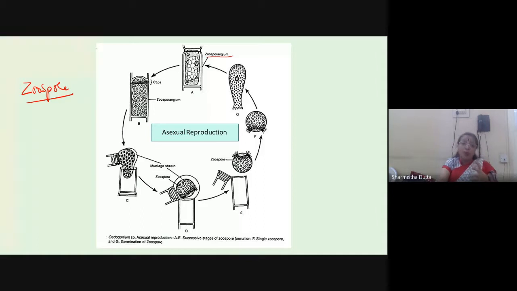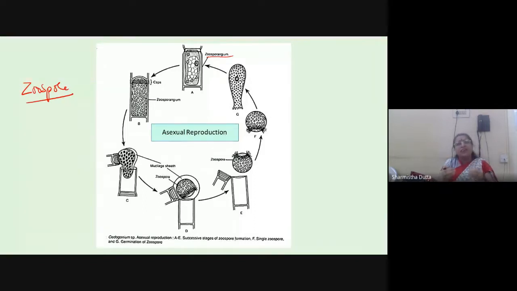How does it form? You should understand that it is a simple filamentous alga. But all this information is present in the nucleus, in the nuclear region, in the DNA. All this information: which cell has to form a zoosporangium, which cell will still retain as the vegetative cell, which cell will develop itself into a gametangia producing gametes.